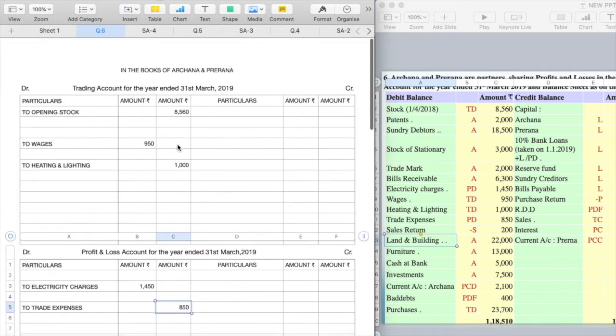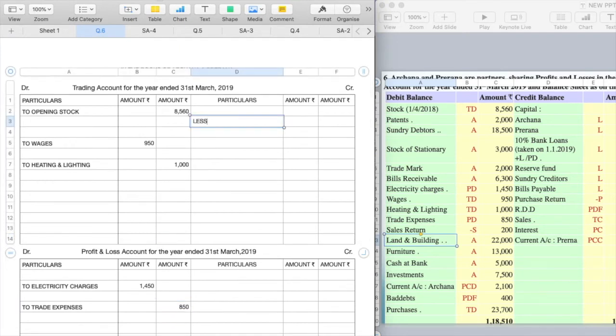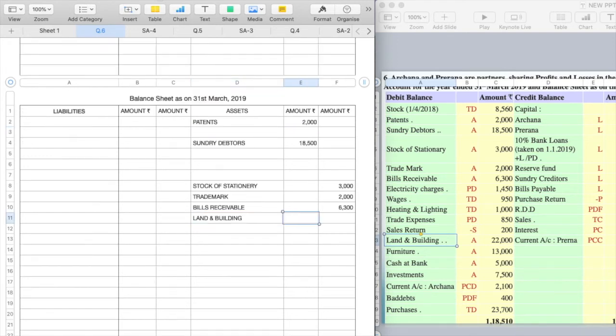Sales return, in the second line I will write less sales return, inner column 200. Land and building, inner column 22,000, leave 3 lines as there are 2 adjustments. Furniture, inner column 13,000, okay, leave only 1 line.